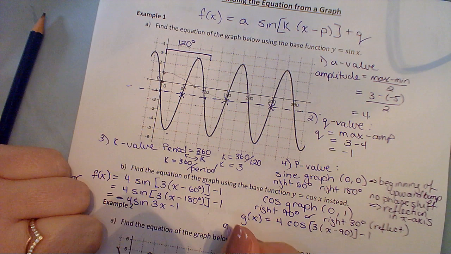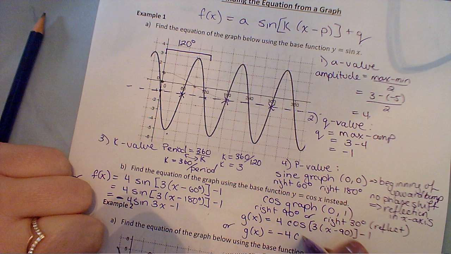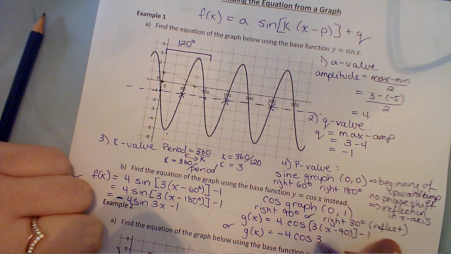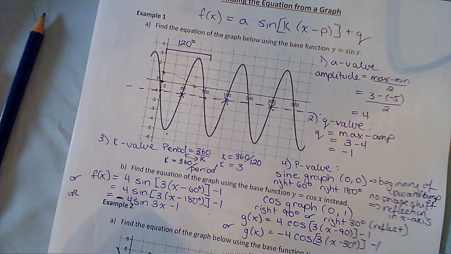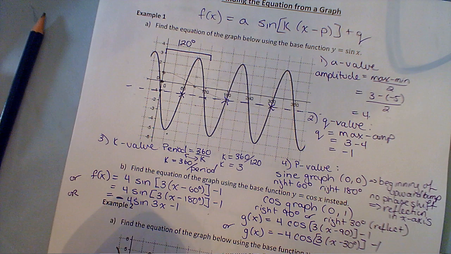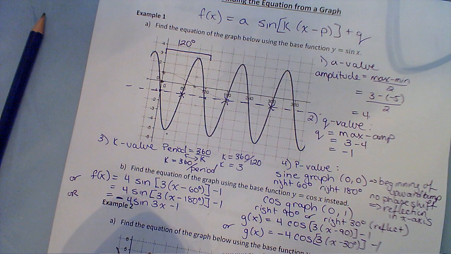Or g of x equals negative 4 cos 3, and then right 30, x minus 30 degrees, squared off, minus 1. So again, there's 5 options, and of course there's an infinite number of options to come up with an equation that would fit this graph because of the repetition of it.